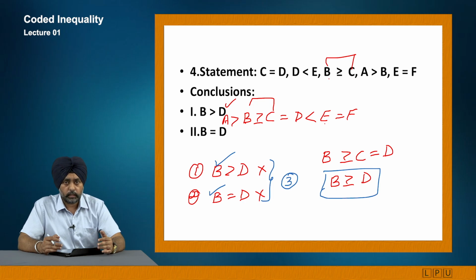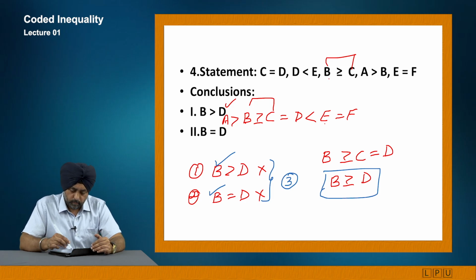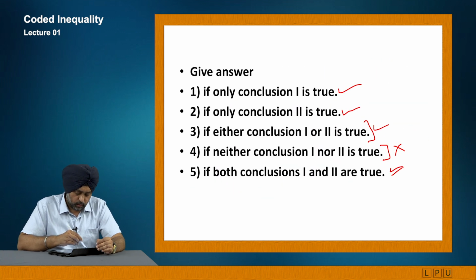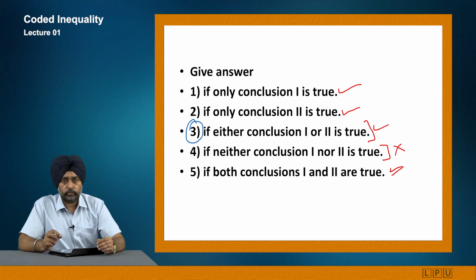The third option, as you remember from the instructions, applies if either conclusion 1 or 2 is true, so we have to give this in this form only for these questions.